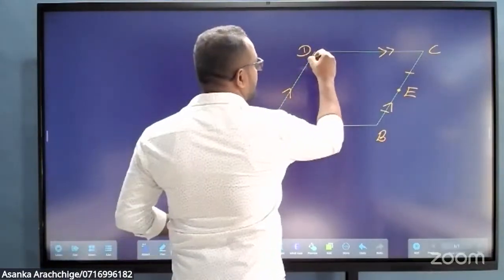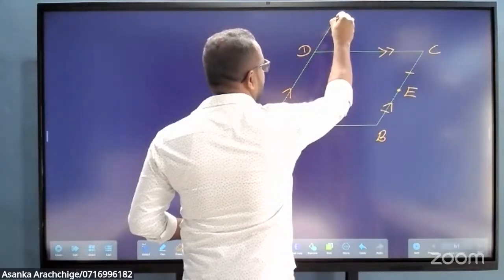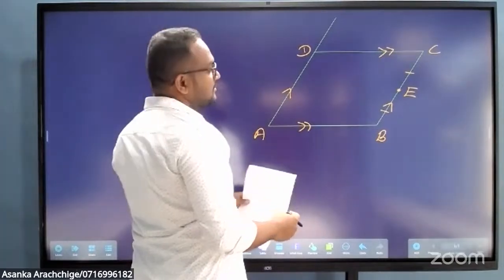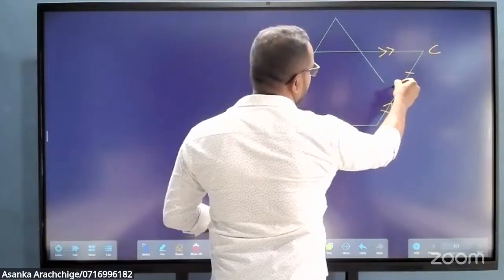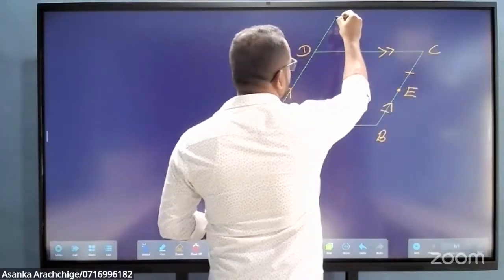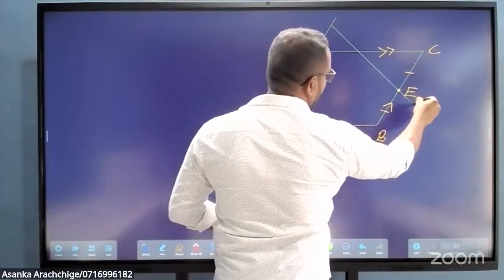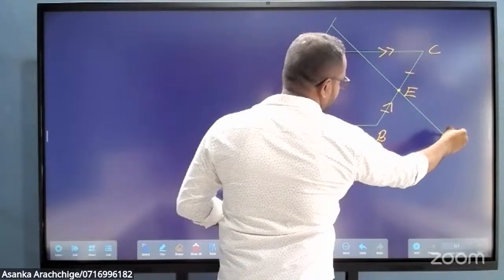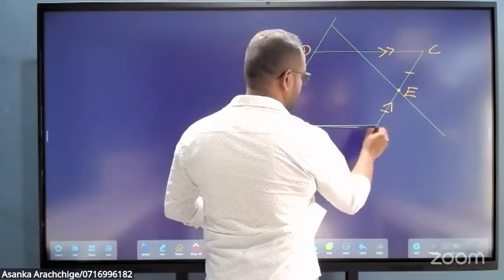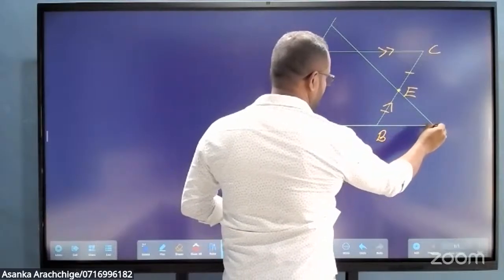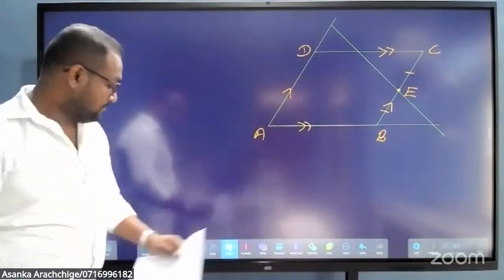I am going to complete the remaining parts of the given diagram. This is the given diagram.